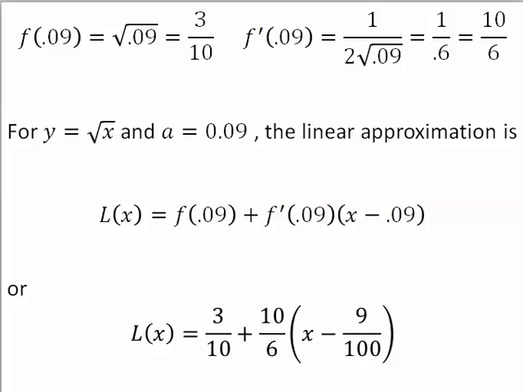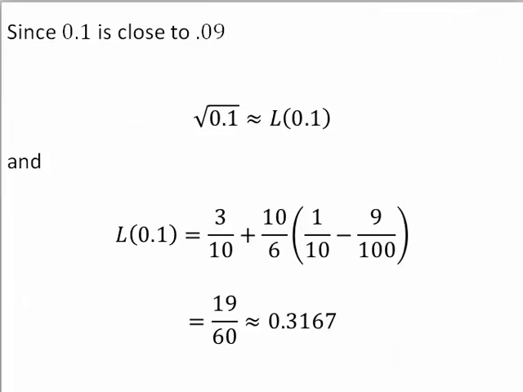And for y equals the square root of x and a equals 0.09, the linear approximation is given right here. Since 0.1 is close to 0.09, this linear approximation will approximate the square root of 0.1.